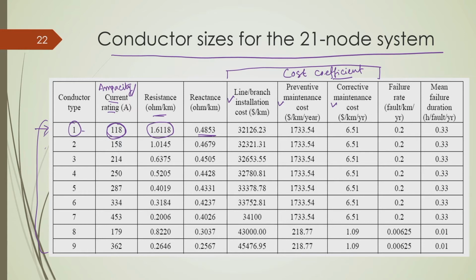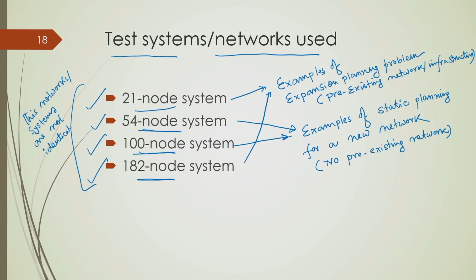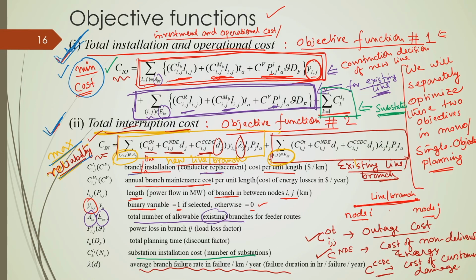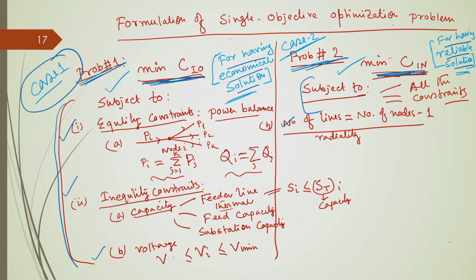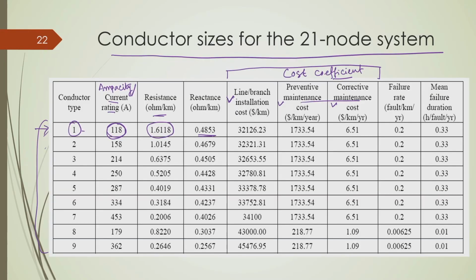So, these 2 are maintenance costs and this is the installation cost. In fact, you can see in the problem formulation we have the cost coefficient C: C I represents the cost coefficient for installation cost, and C M represents the cost coefficient for maintenance cost. So, we can obtain these from this conductor table.